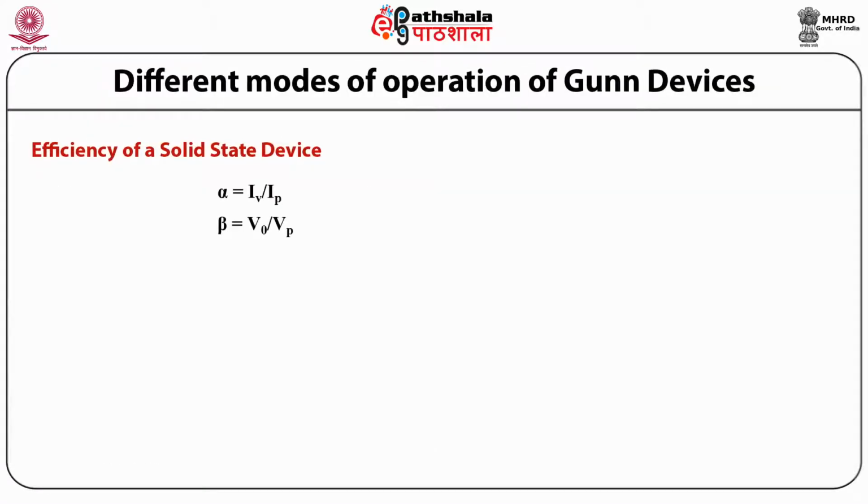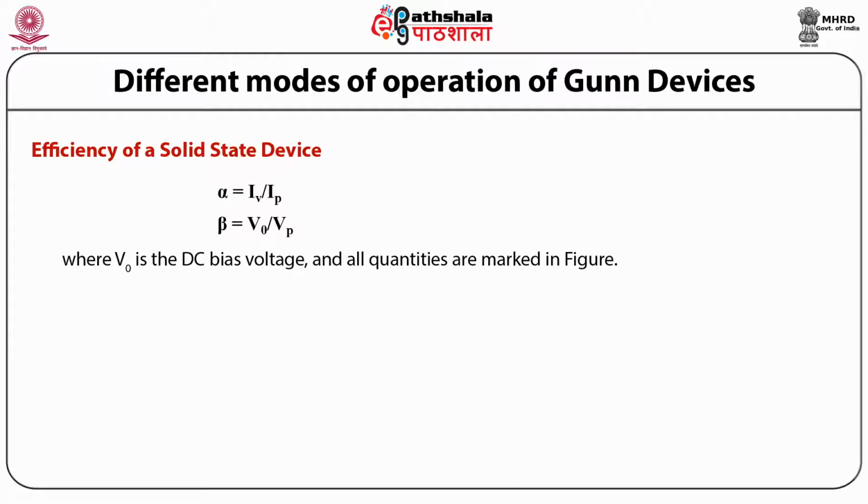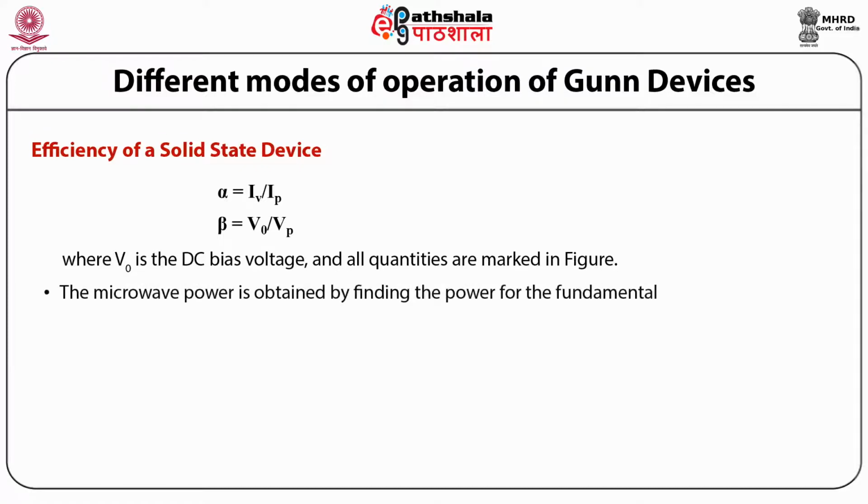Alpha equals I_V by I_P and beta is V_0 by V_P, where V_0, V_P, I_P and I_V were all the quantities marked in the figure which has been previously discussed. So the microwave power is obtained by finding the power for the fundamental Gunn device.